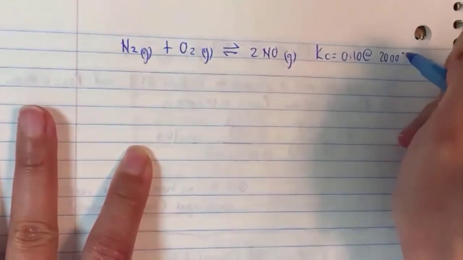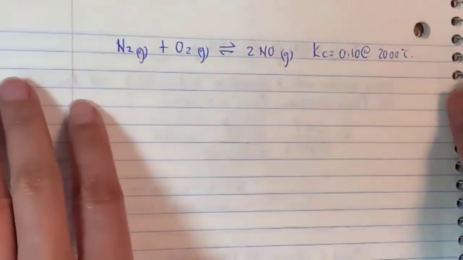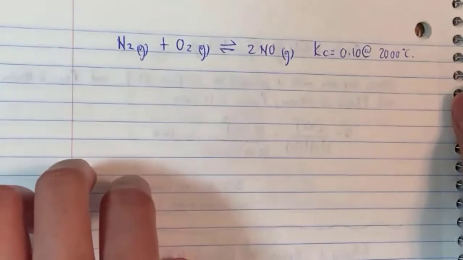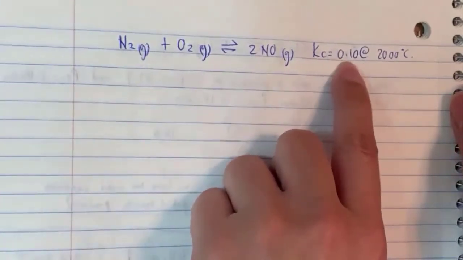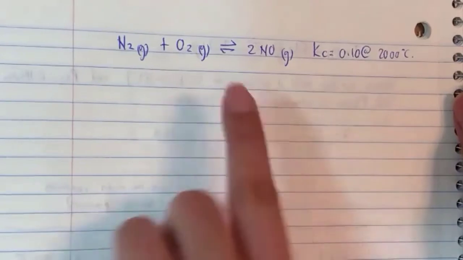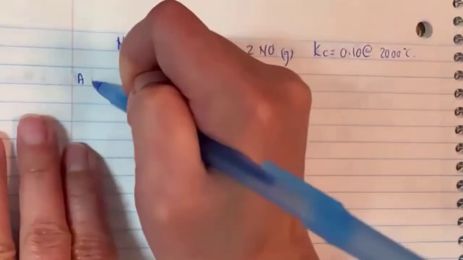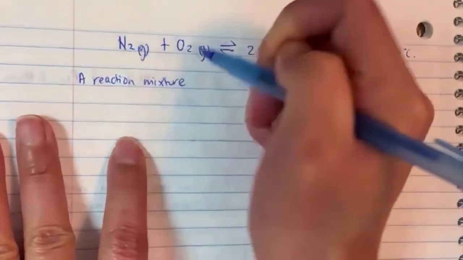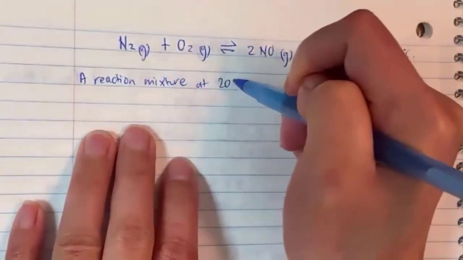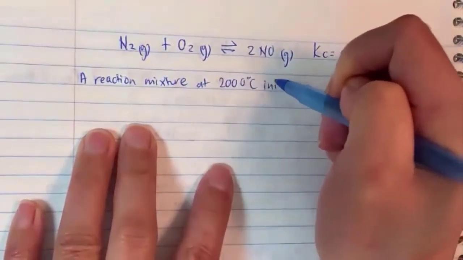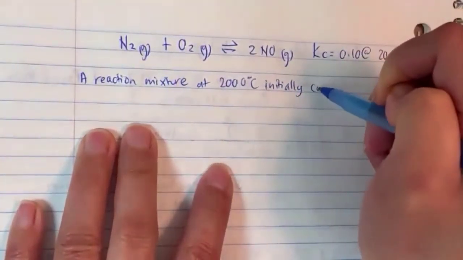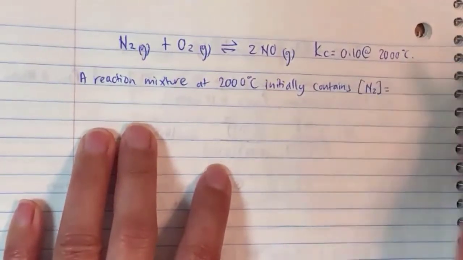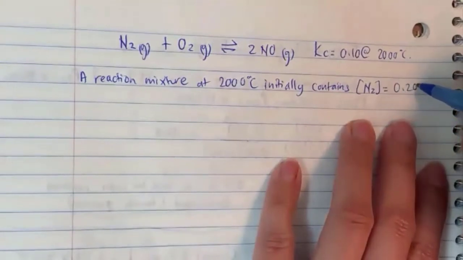So here's the first difference. The question earlier was saying, here's my initial and here's my equilibrium, find the K. But this one, they gave you the K. So they gave you the K and it says a reaction mixture at 2000 degrees initially contains N2 at 0.200 molarity.